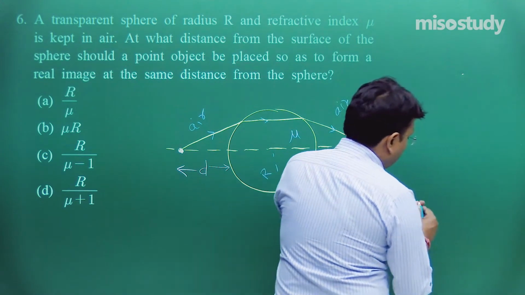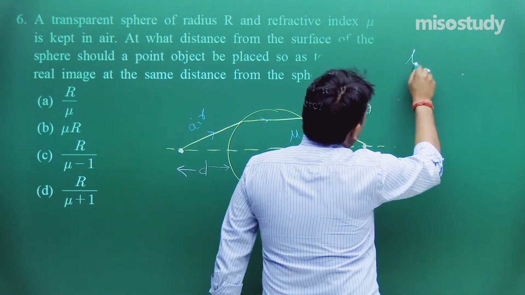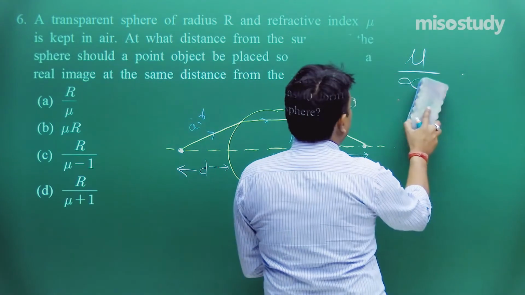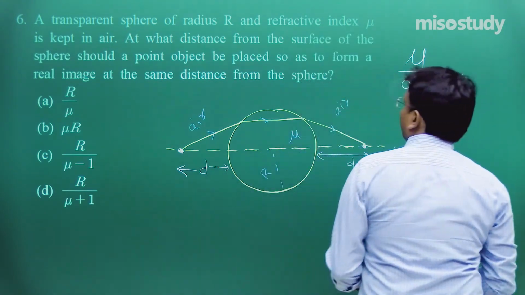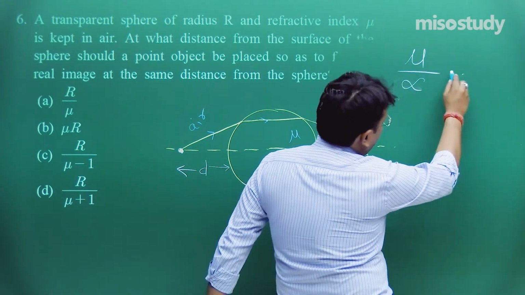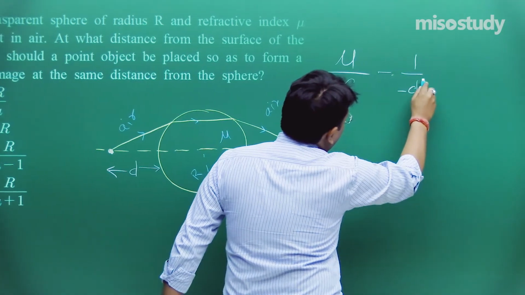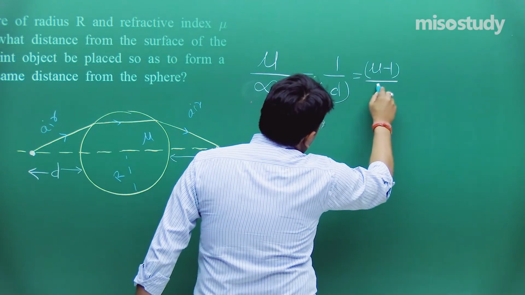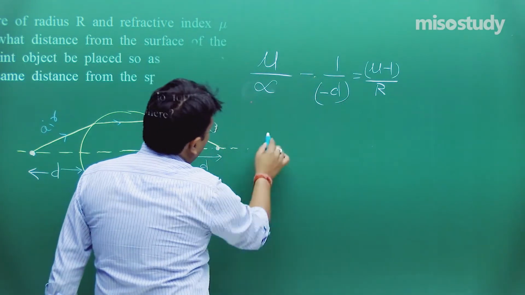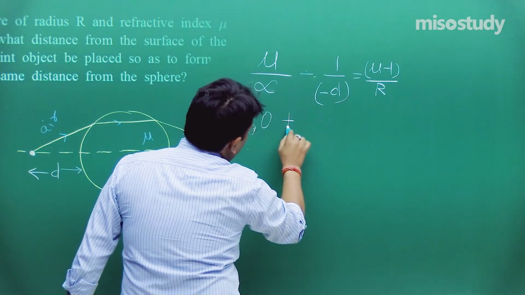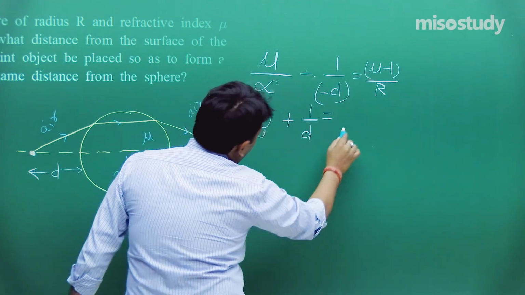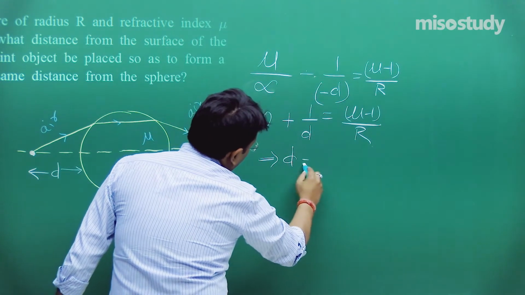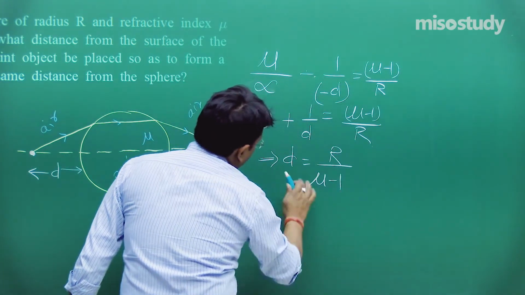I am directly writing the formula: mu upon infinity minus 1 upon minus d is equal to mu minus 1 upon R. Basic result, solve it: 0 minus minus, plus 1 upon d is equal to mu minus 1 upon R. Therefore d is equal to R upon mu minus 1.